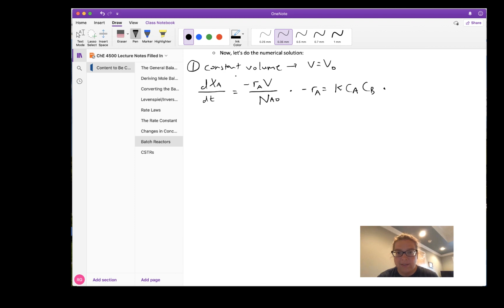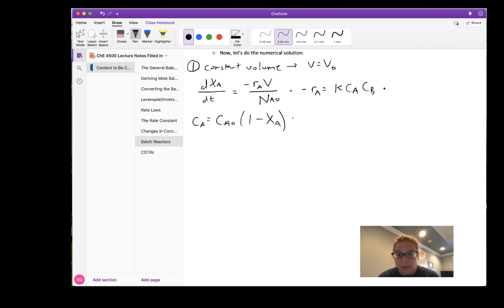So this is a constant volume reaction. Because of that, I know that CA is equal to CA0 (1 minus XA), where I'm treating species A as the limiting reactant. In this case, we know the initial mixture is equimolar in A and B, and the reaction stoichiometry is also equimolar in A and B. Henceforth, I could have picked A or B. I'm just going to pick A because that's what I'm used to.